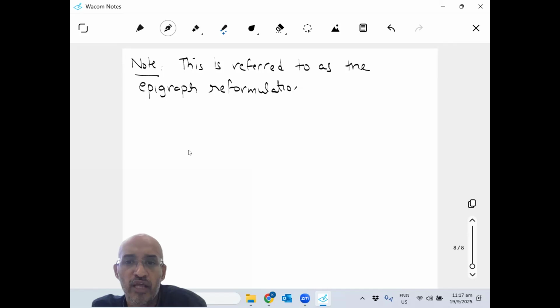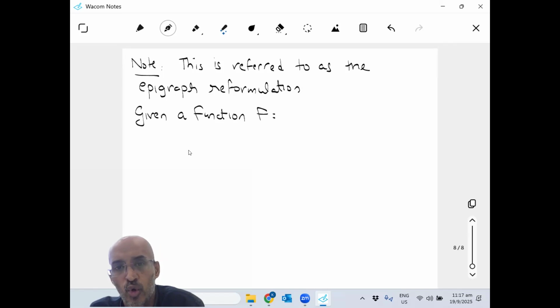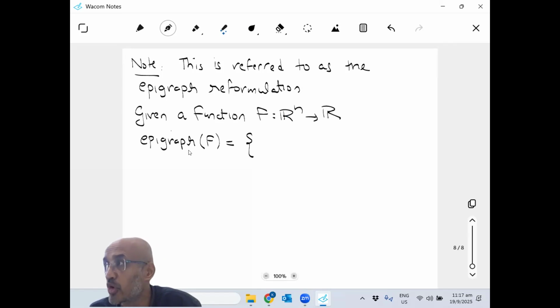If I'm given a function f going from Rn to R, the epigraph of f lives in Rn plus 1. So I'm going to move it up one variable.